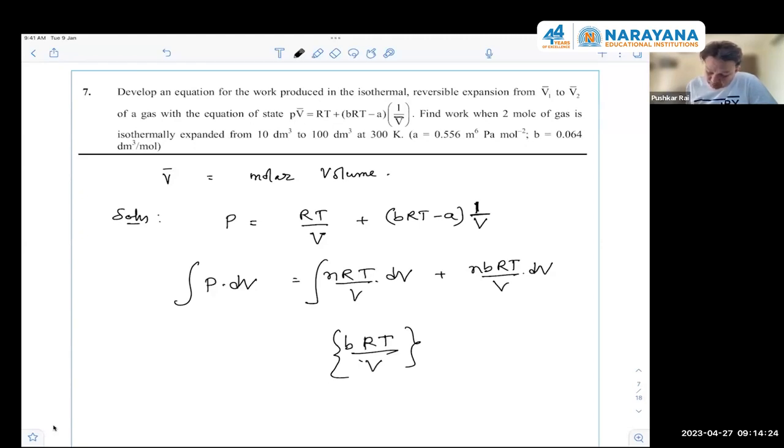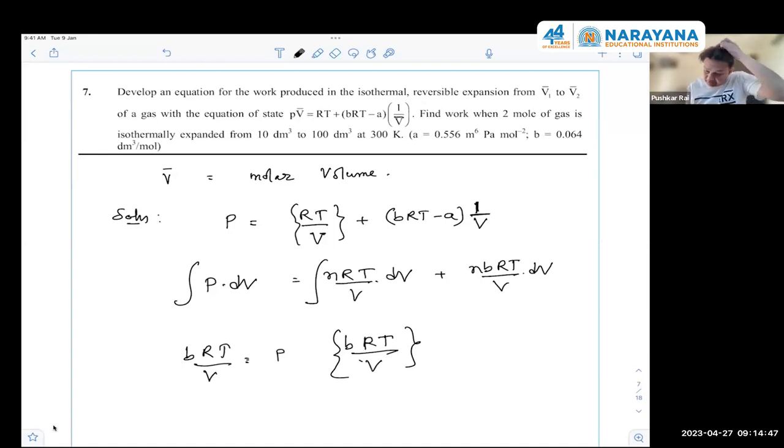P is equal to RT by V. All right. And B RT by V, it should have a dimension of pressure.